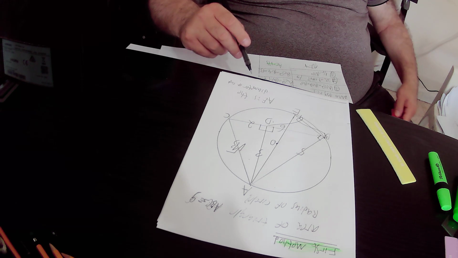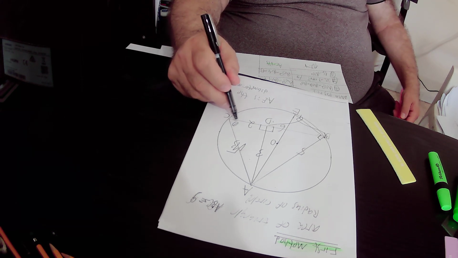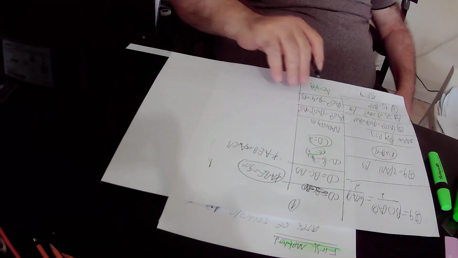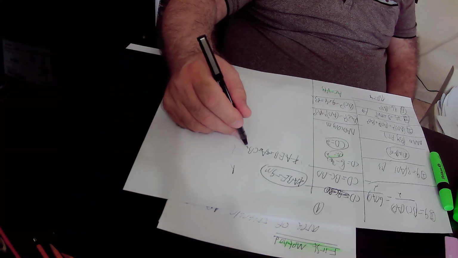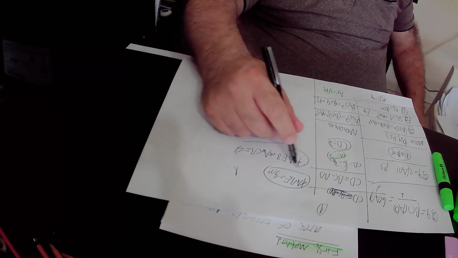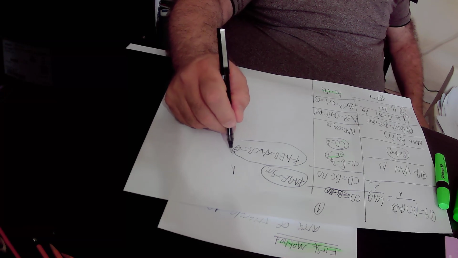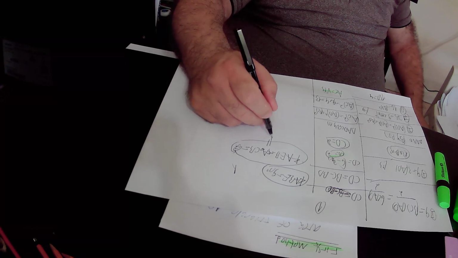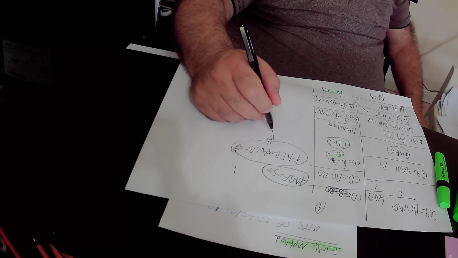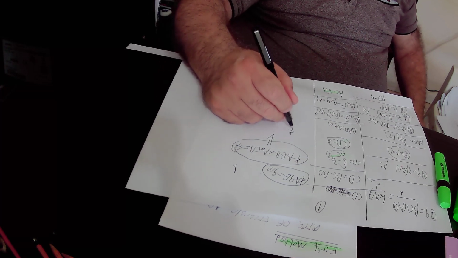If we define angle ACB as theta, then since angle AEB equals angle ACB, angle AEB is also equal to theta.